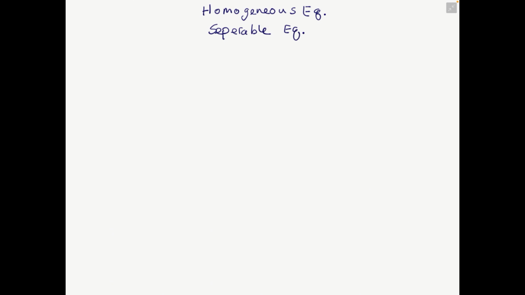So basically, we've been looking at differential equations of this form, and specifically an equation is considered homogeneous if it can be written in this form: y over x, or conversely x over y.